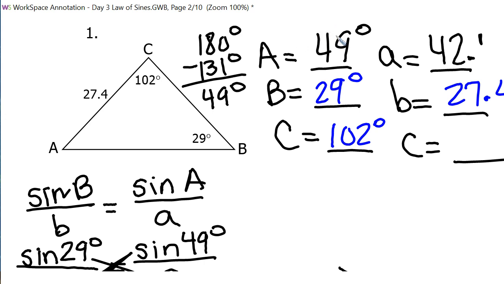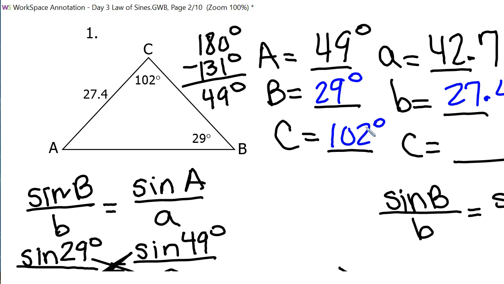Now we need to solve for side C. So I have my original pair of sine of angle B divided by side B. Now we need to solve for side C. So this needs to be sine of angle C divided by side C. Now again, this first problem, I'm going to actually write out that formula, but on the next ones I won't be writing this part out.